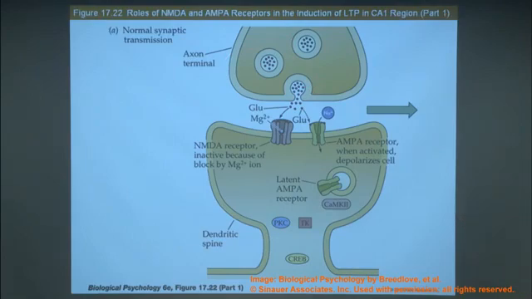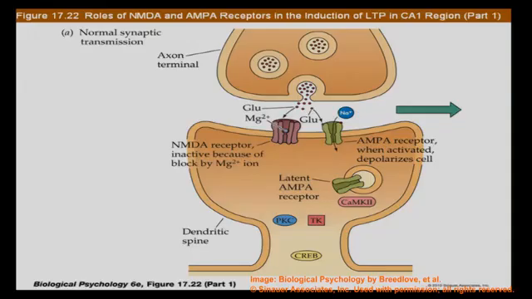So you can imagine that when you put a stimulating electrode and tetanically stimulate the Schaffer collaterals with high frequency, you're going to get a huge depolarization of lots of this postsynaptic membrane. First, because all possible AMPA receptors are being activated, and then that raises the postsynaptic membrane potential so high, because sodium is coming in, that all the magnesium pops out of the NMDA receptors.